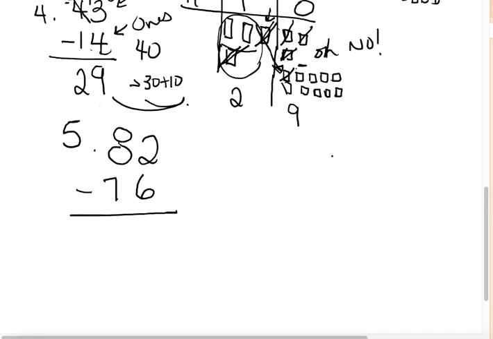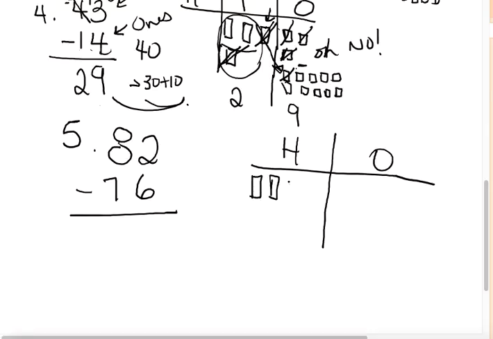So let's try to do it visually again, because it always helps to see tens and ones. So we have 8 tens and 2 ones.